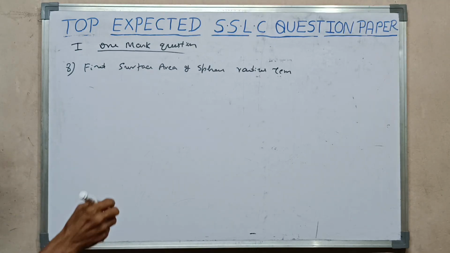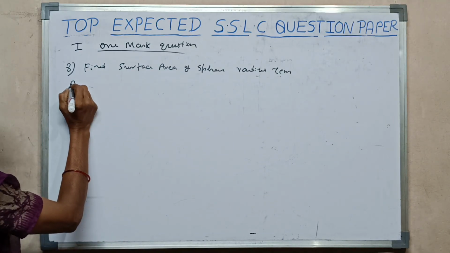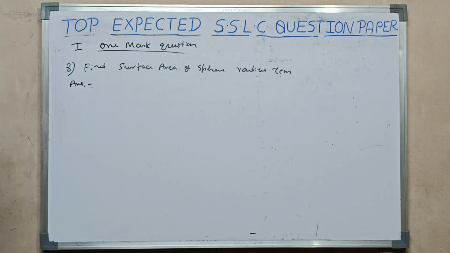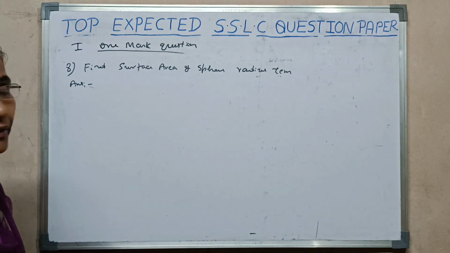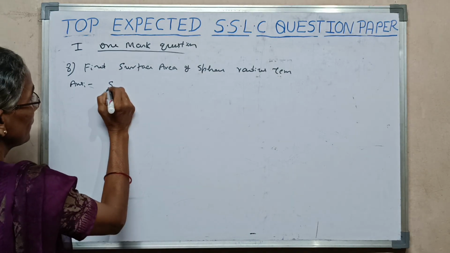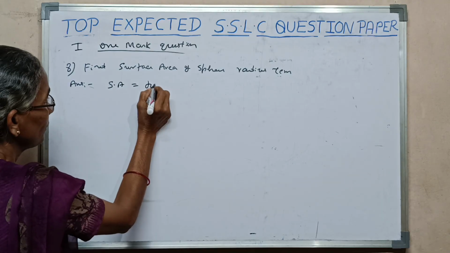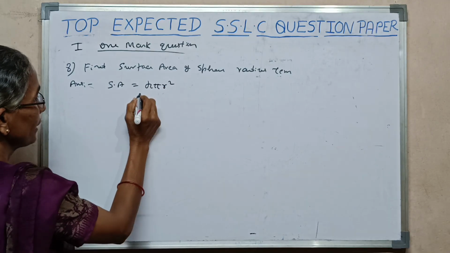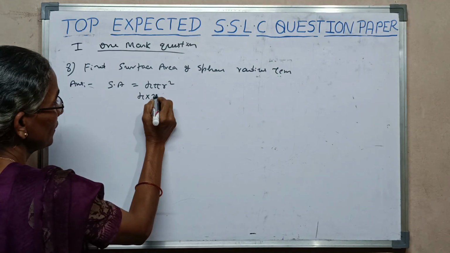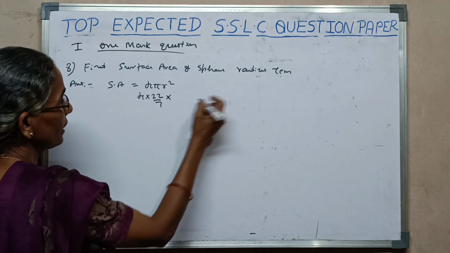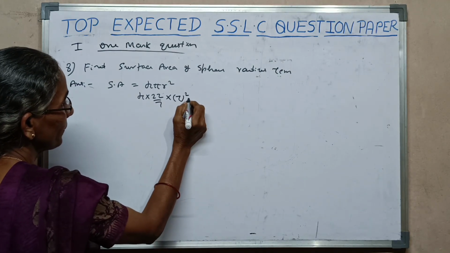Here, first we know the formula. Surface area of sphere is 4 pi r square. Radius r is given. So, surface area equal to 4 pi r square. Pi value is constant 22 by 7. R is 7. So, 7 square.